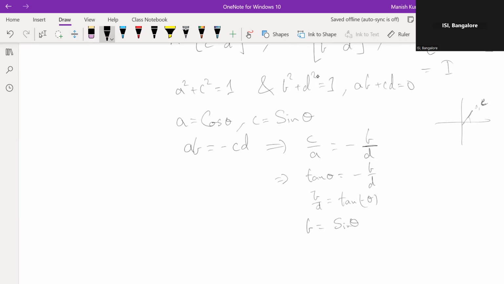It could be that B is sine theta and D is minus cosine theta, or B is minus sine theta and D is cosine theta. These are the only two possibilities. If you take some other angle, it will not work. Is that okay?